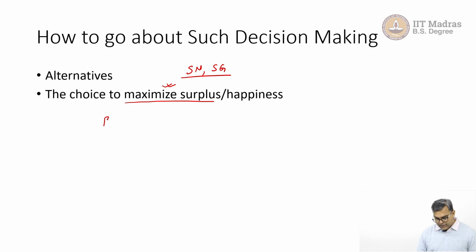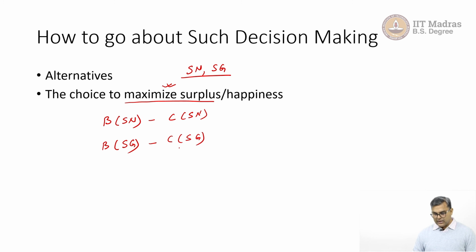So, how much is the net surplus to the buyer? That is the benefit from Sonu Nigam minus the cost of Sonu Nigam. And similarly, the benefit from watching the concert of Shreya Ghoshal minus the cost of Shreya Ghoshal.